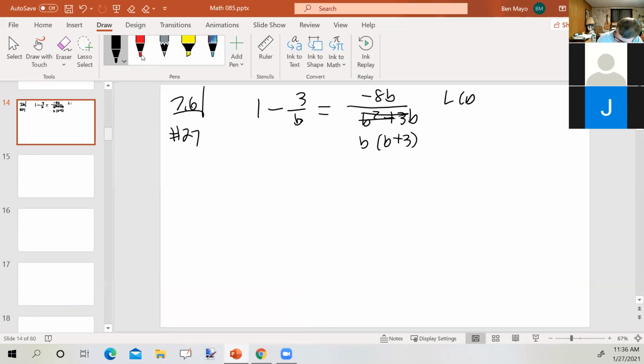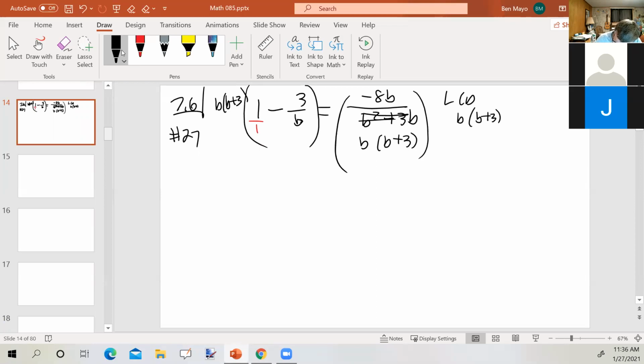So now my LCD is going to be b times (b plus 3), because I've got a 1, a b, and a b times (b plus 3). So I'm going to multiply this by b times (b plus 3), and over here times b times (b plus 3). Okay? Very much like the previous problem.